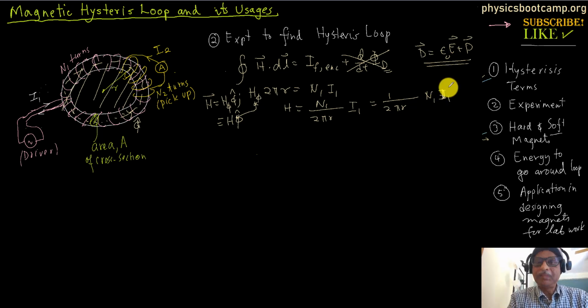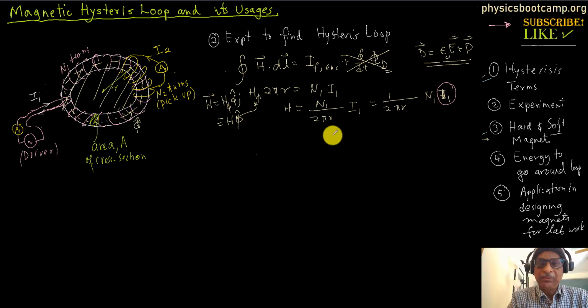Just by knowing this, you can have an ammeter. So ammeter 1 and this ammeter 2. There's a reading here. Now, it's creating B. So how do I get a B?